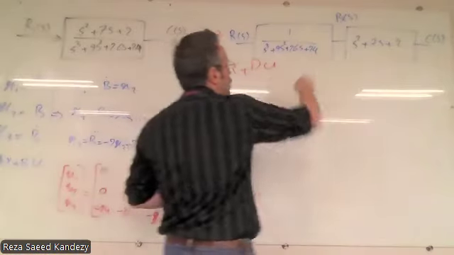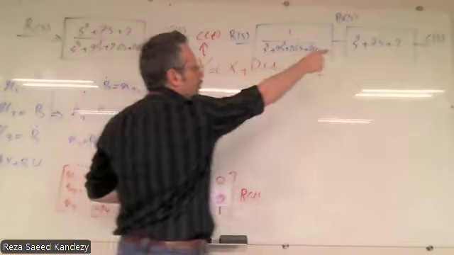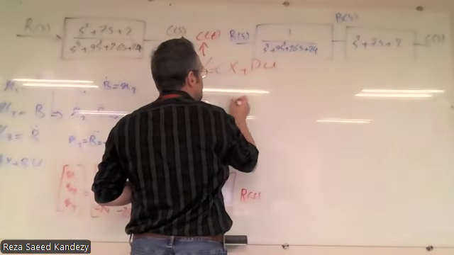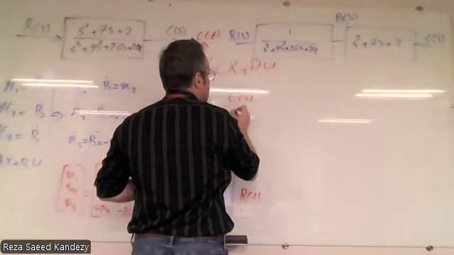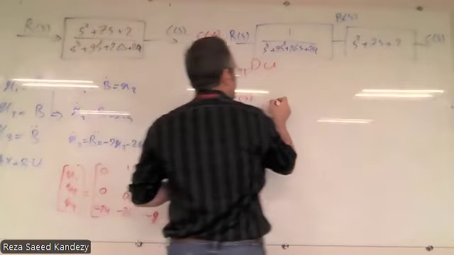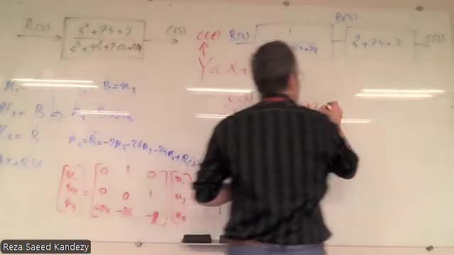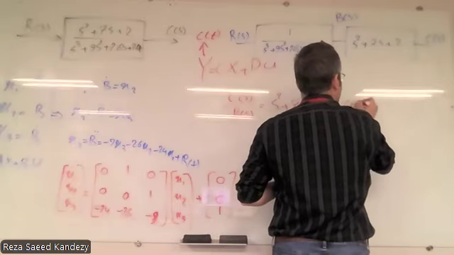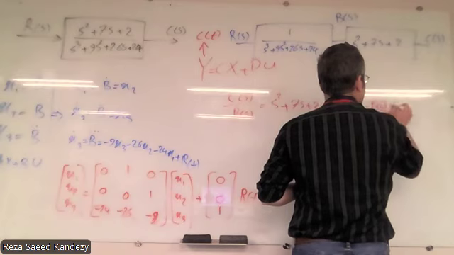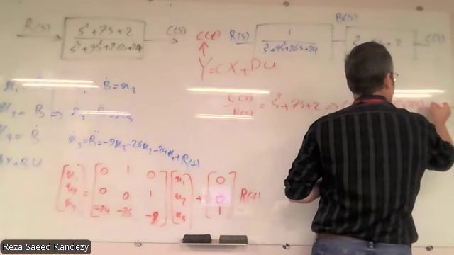So let's try to build what's happening on that block diagram. This block diagram's transfer function says that C(s) over B(s) is going to be s squared plus 7s plus 2. That means C(s) is equal to B(s) times s squared plus 7s plus 2.